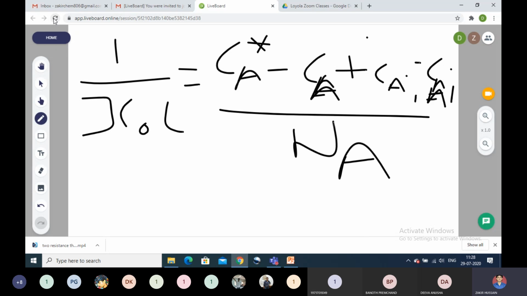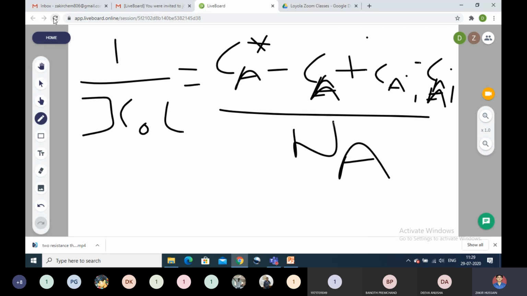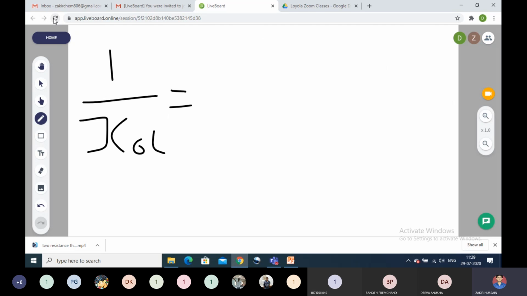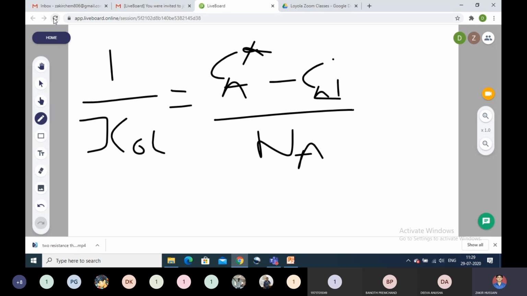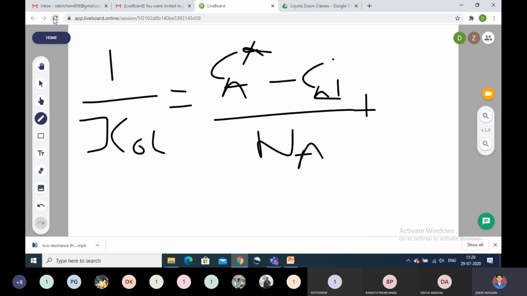Now we have to divide this overall quantity into two terms. So 1 by KOL is equal to Ca star minus CAI by Na as one term, plus the left out term CAI minus Ca by Na.